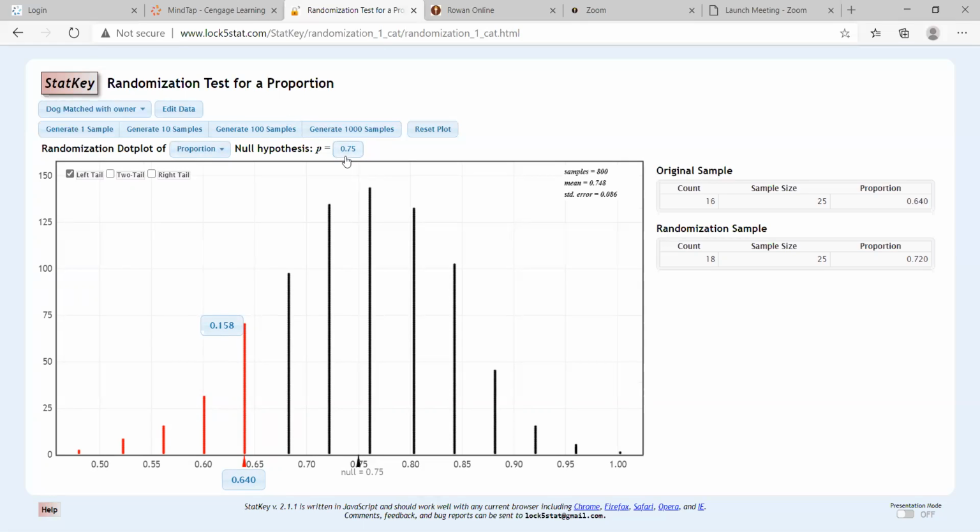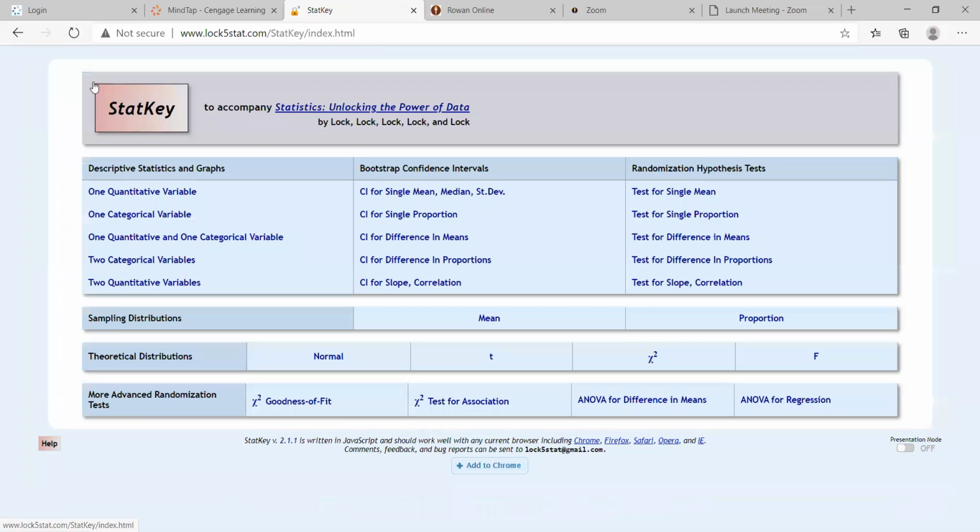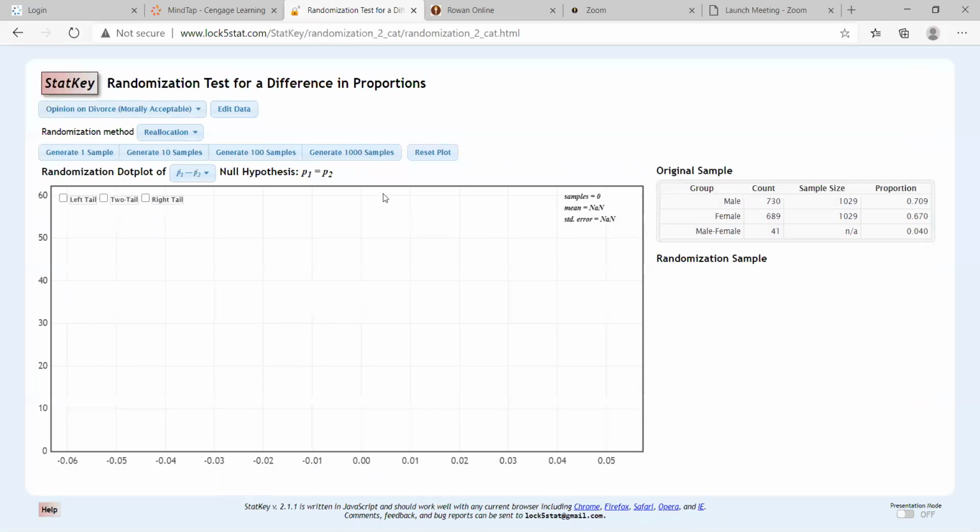Let's do a difference in proportions. There's difference in proportions. And I guess this is fine. I think this is a questionnaire where men and women were asked about divorce.